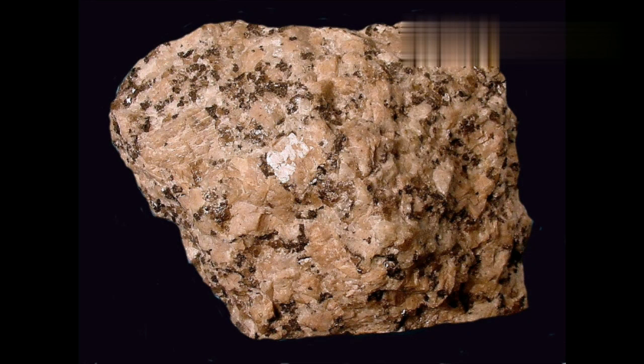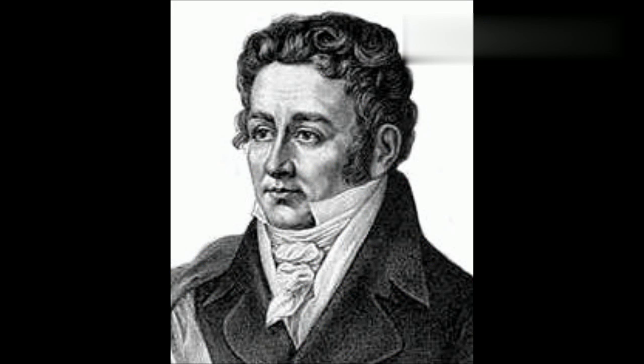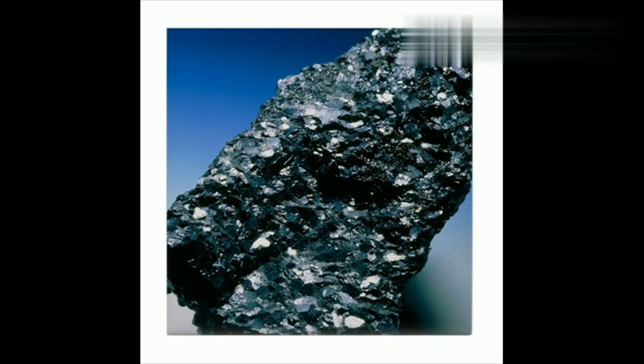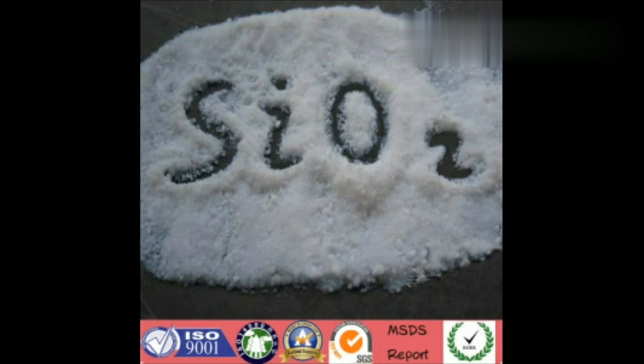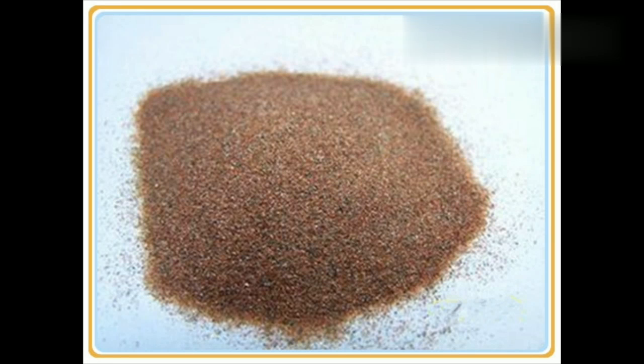Sand and quartz, compounds of silicon, exist in various forms, and silica was considered an element for a very long time. Berzelius produced crude silicon from silicon dioxide, that is, sand, identified it as silica, and proved that sand is a compound and not an element.